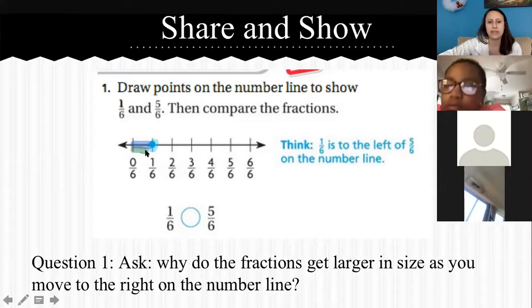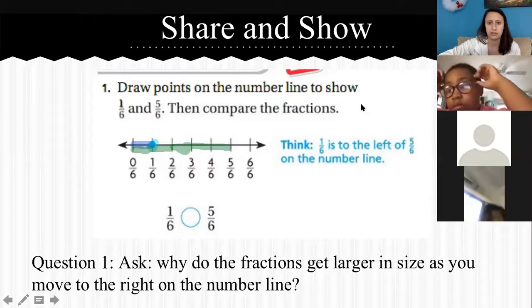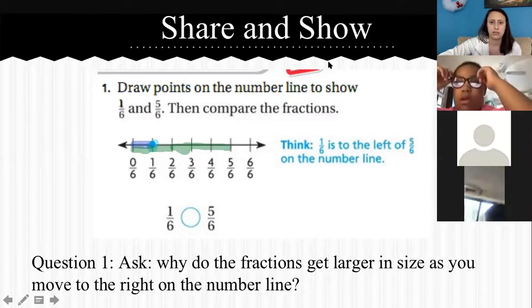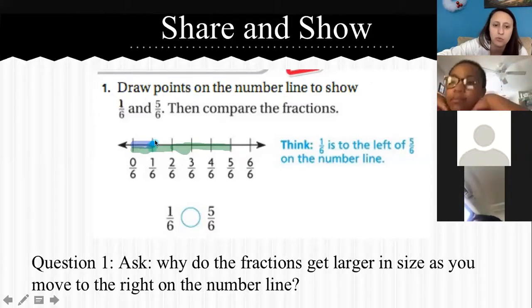This is 1/6, 2/6. You see the segments? 1 segment, 2 segments, 3 segments, 4 segments, 5 segments. Okay? So which one of those is larger? 5/6. Yeah. So you can see that 5/6 is bigger than 1/6.